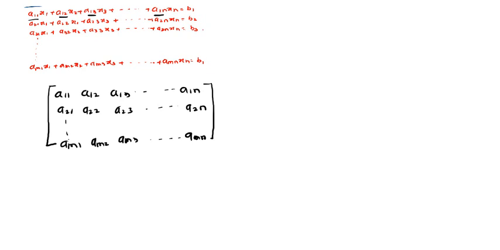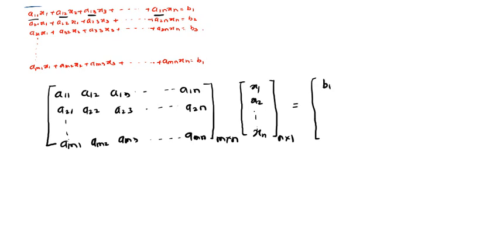So this will be the matrix of order m by n, into the matrix of unknowns, and unknowns will be x1, x2 up to xn. Okay, and this matrix will have the order n by 1, is equal to a matrix of constants, which is b1, b2 up to bm.